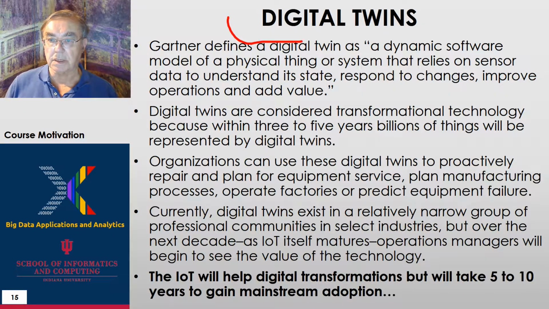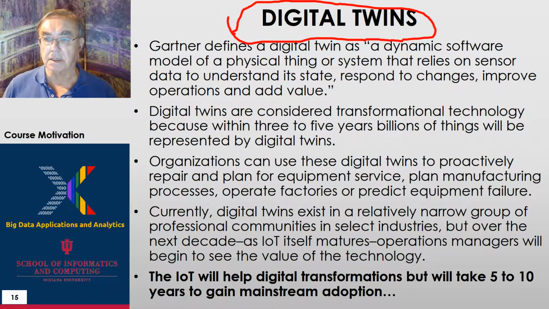Digital twins, which is basically computational science. It is a model of a physical thing that is used to use its sensors to understand its state, respond to changes, and improve operations. So this is somehow making a model or simulation of, let's take a car.